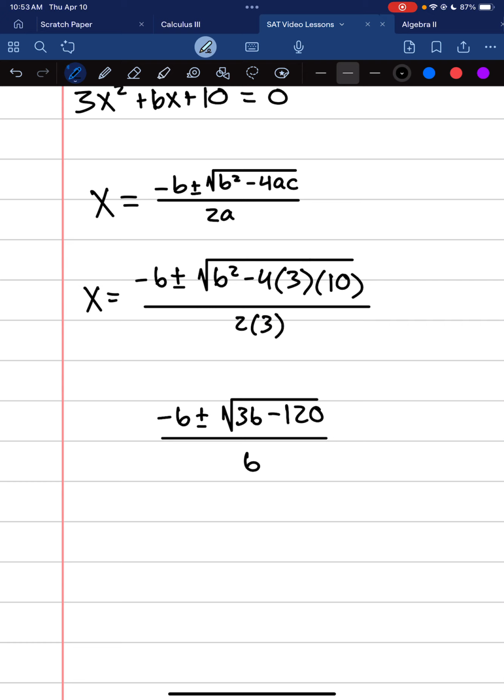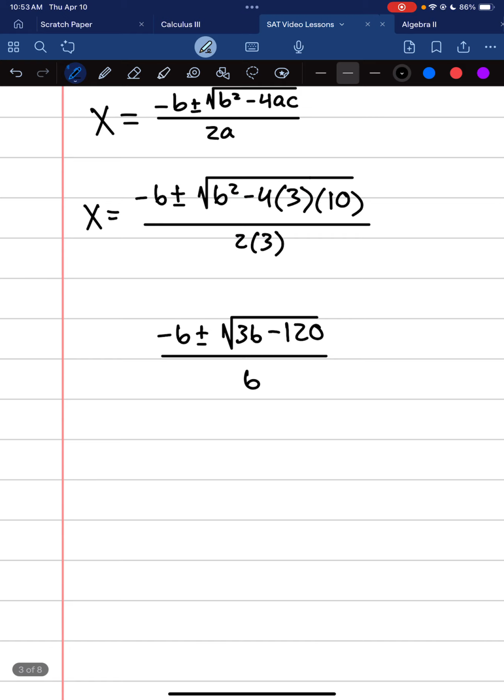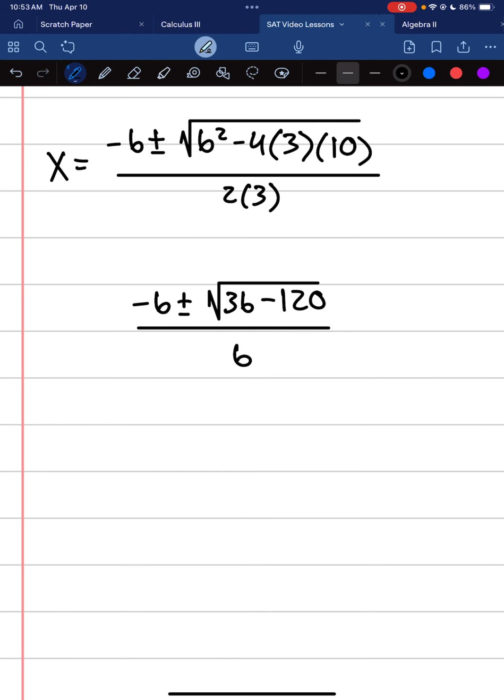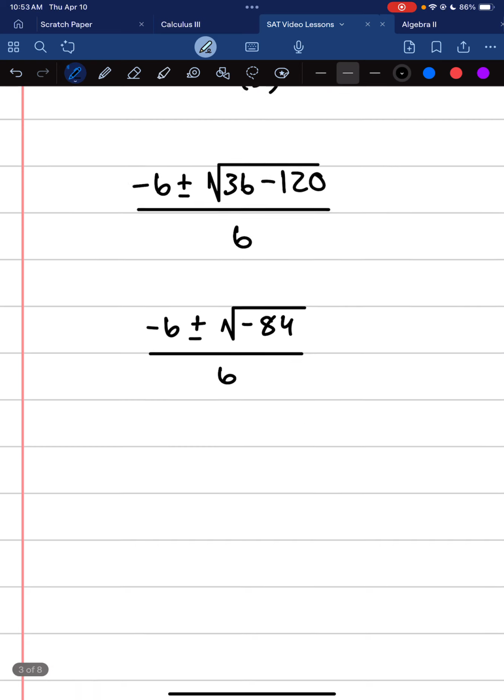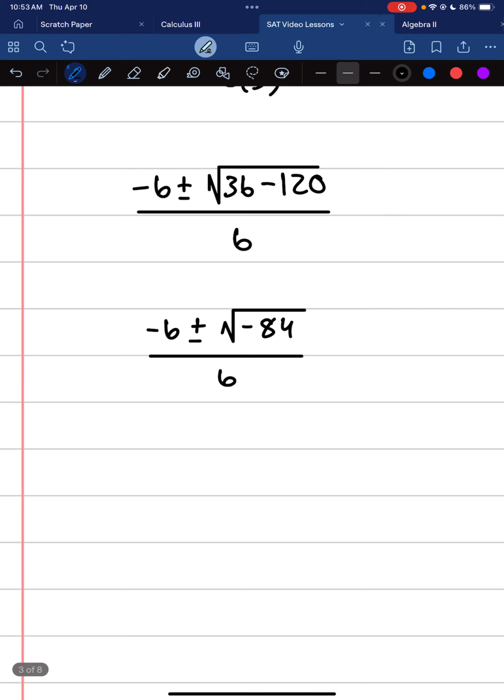And 36 minus 120 is going to be negative 84. So we end up with negative 6 plus or minus the square root of negative 84 over 6. And now let's see if we can simplify the square root of negative 84. Now obviously that's not going to be a real number, but we may still be able to simplify it.